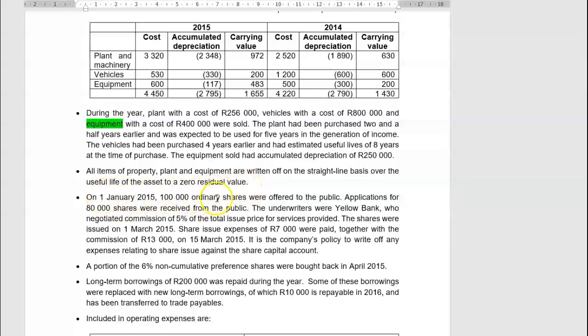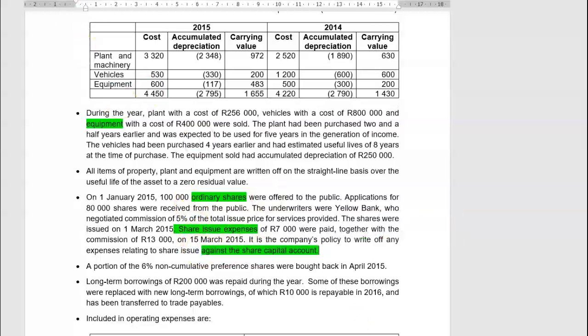Then on 1 January, this is all about shares, so financing activities. Right, this one, share issue expenses. The policy is to write it off against the share capital account.